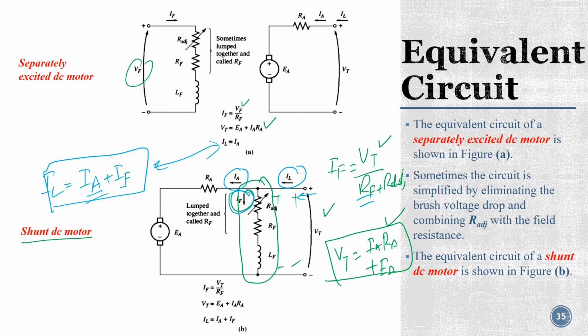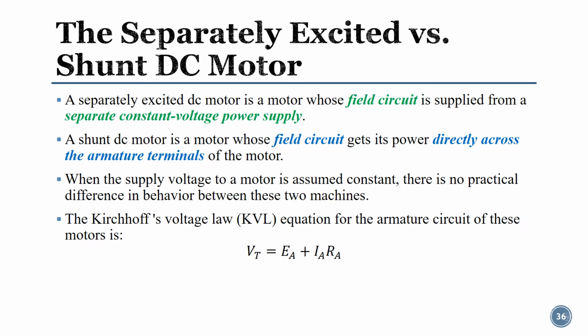Now, the very important thing is the characterization of the terminal characteristics of the motor. We will look at the shunt DC motor. The output characteristics, or the terminal characteristics, of DC motors are basically how you relate your shaft speed with the torque.